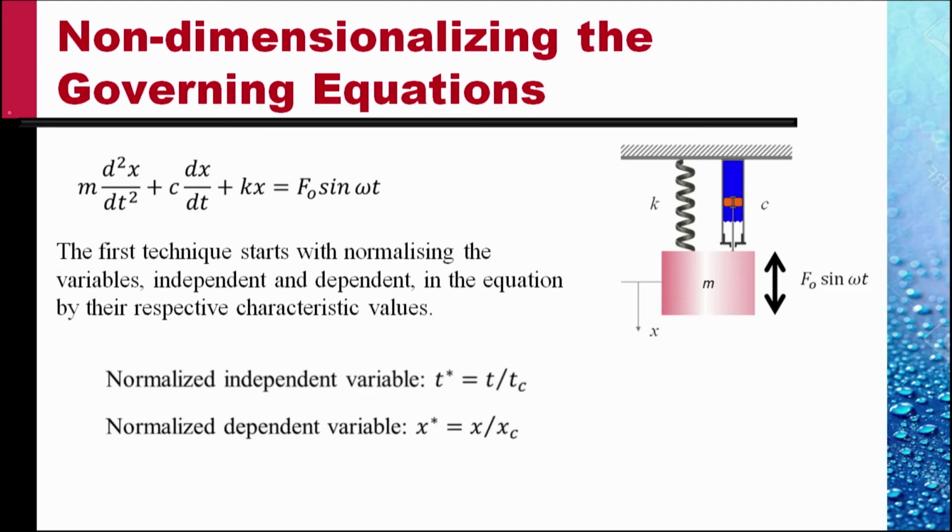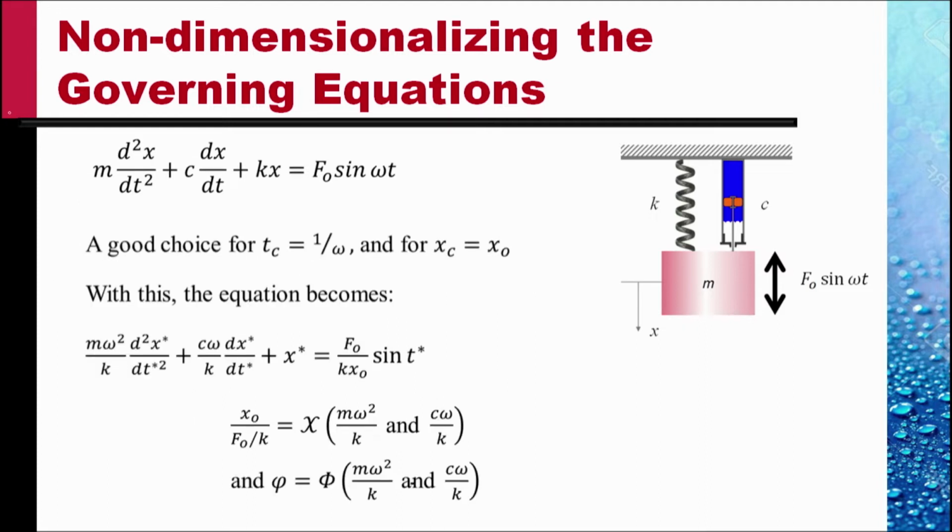So the normalized independent variable can be written as t star is equal to t divided by tc, where tc is some characteristic time. We'll talk about this a little later. And the normalized dependent variable x star is x divided by xc, the characteristic value of the dependent variable.